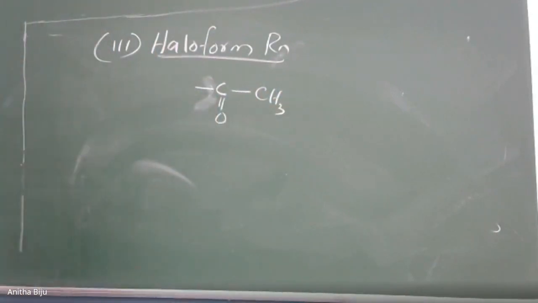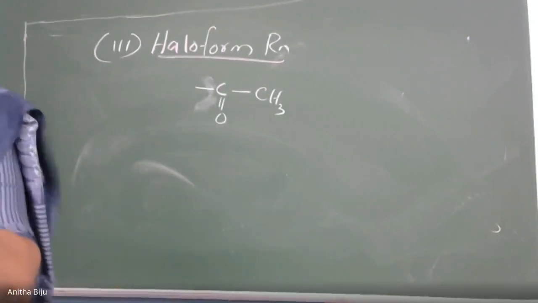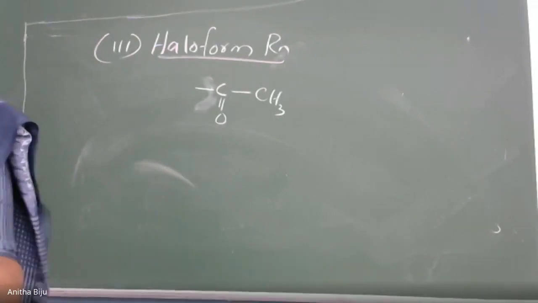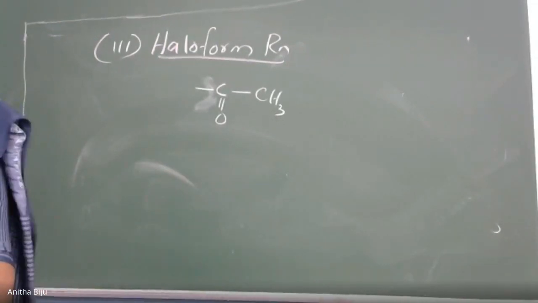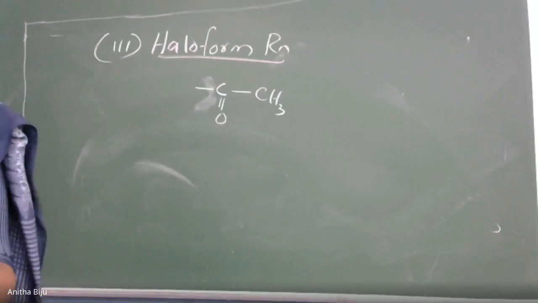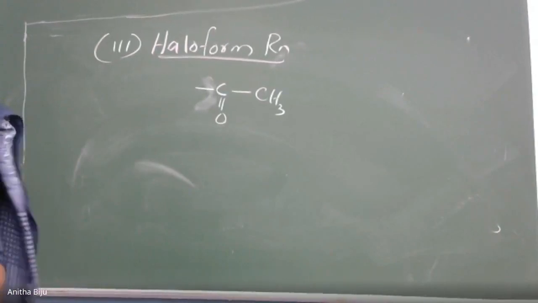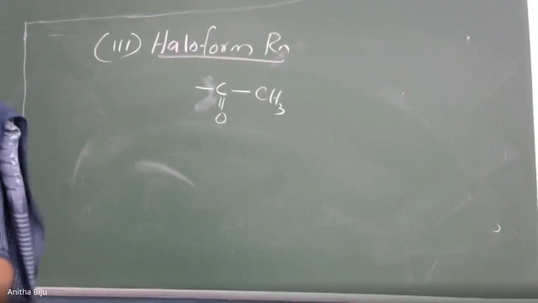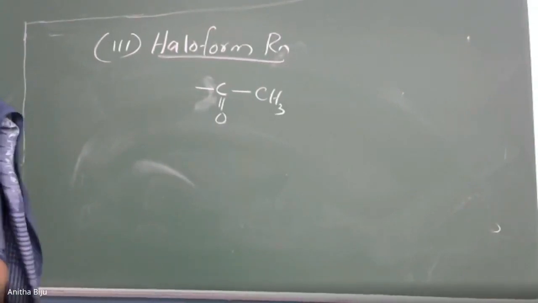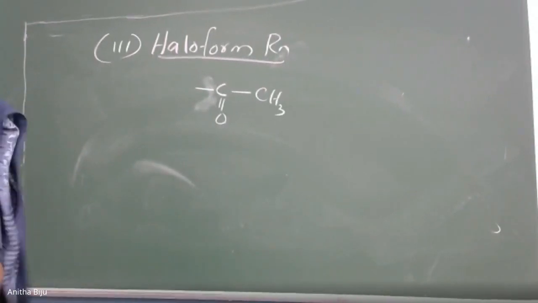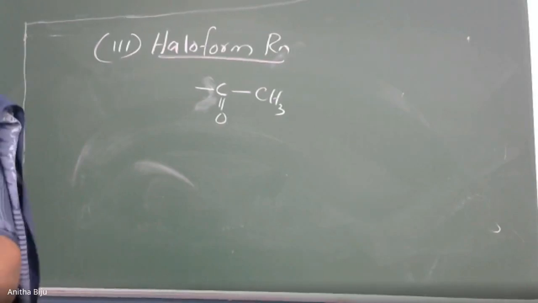Those aldehydes and ketones that contain this group are the first category. The second category is some alcohols which on oxidation give corresponding aldehydes or ketones, and that aldehyde or ketone contains a keto-methyl group. They also perform this test.